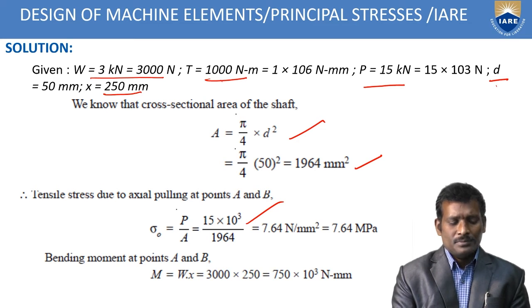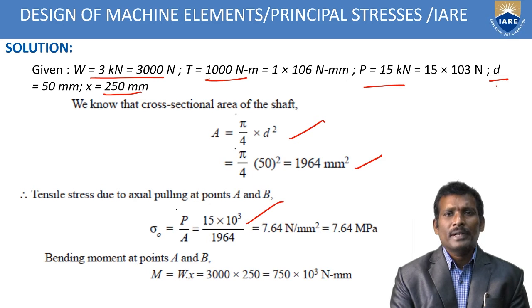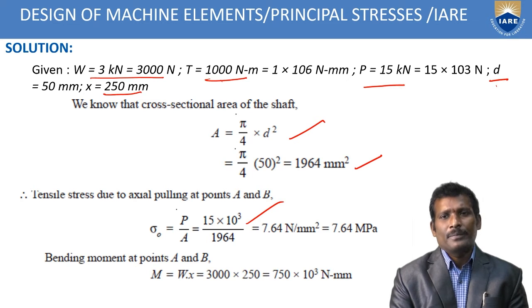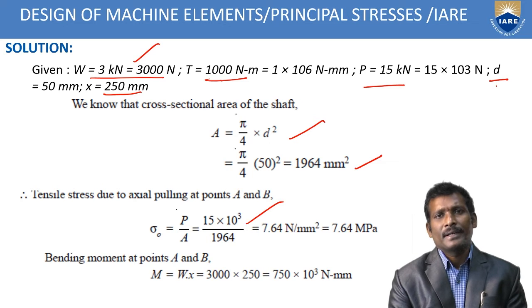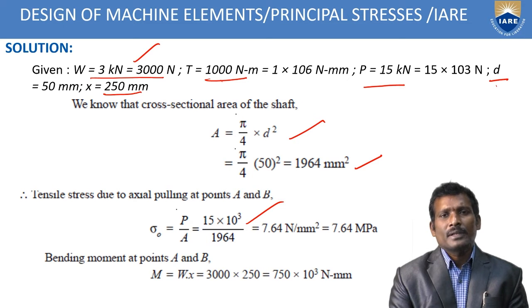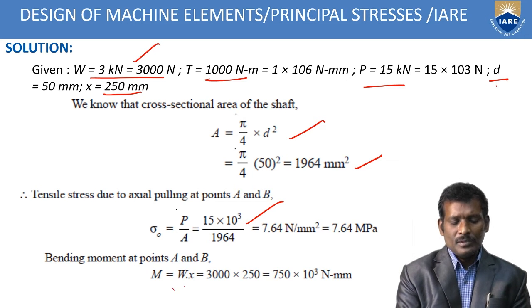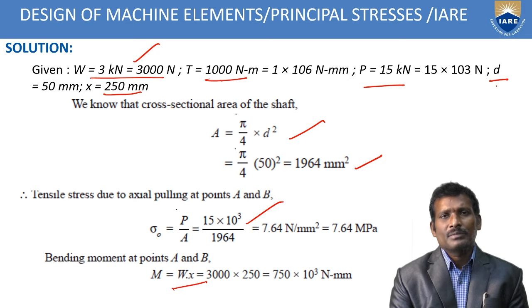After that, calculate the bending moment at points A and B. Here the 3 kilonewtons bending load is acting on the shaft at one end. So that's why the bending moment will be induced at the fixed points A and B. Calculate the bending moment: load multiplied with the distance.